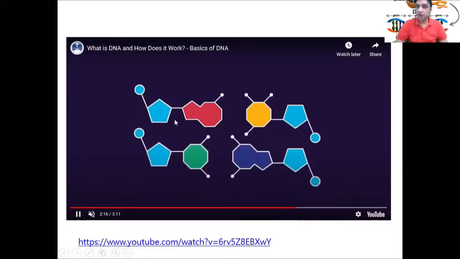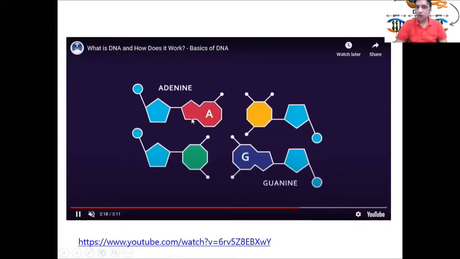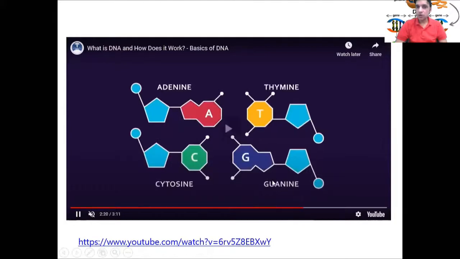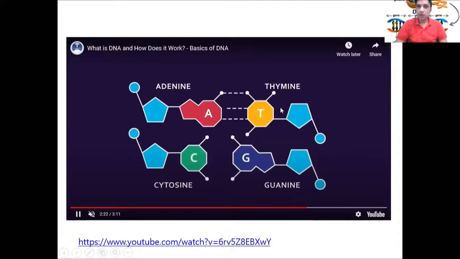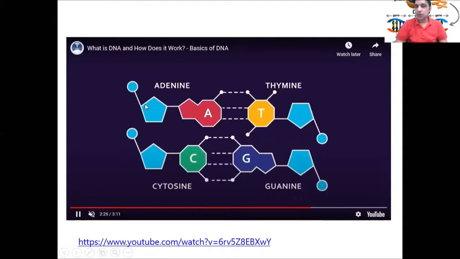So there are 4 nucleotides: adenine nucleotide, guanine nucleotide, thymine nucleotide, as well as the cytosine nucleotide. One strand of DNA is made up of a sequence of nucleotides. The other strand of DNA will create the complementary sequence.